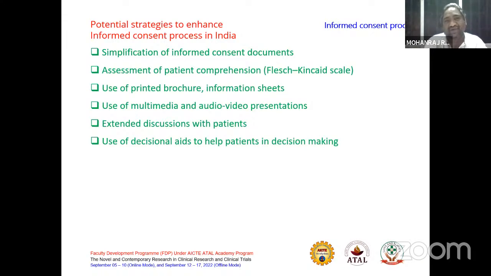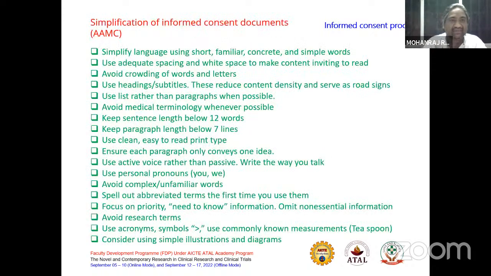The finest thing I want to communicate is how we can simplify the informed consent document. It is not only for clinical trials, it is for any type of clinical project we carry out in an organization. Number one, the language must be simplified. Whenever possible, write a short title for the consent and the research term, one that shows familiarity and understanding to the patient.